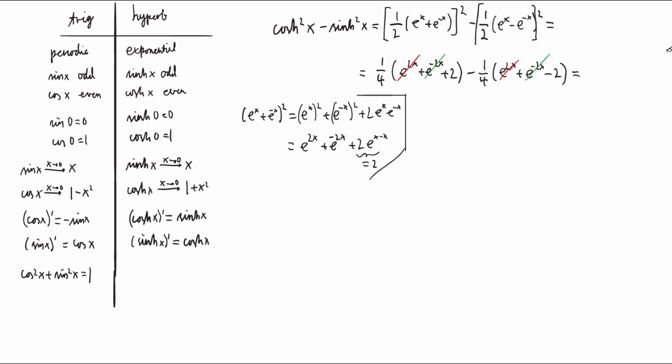And then we are left with 2/4 plus 2/4 equals 1. 1/2 plus 1/2 is 1. So the corresponding formula for hyperbolic functions is that cosh squared of x minus sinh squared of x equals 1.